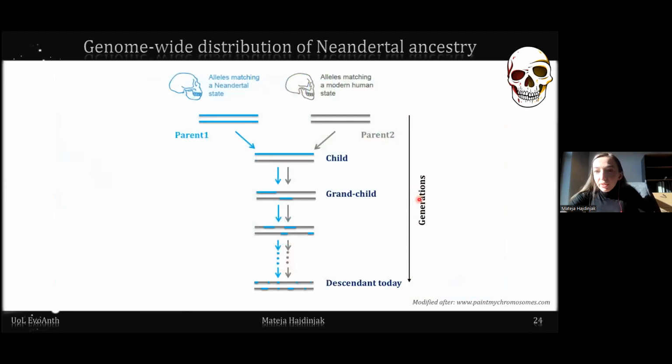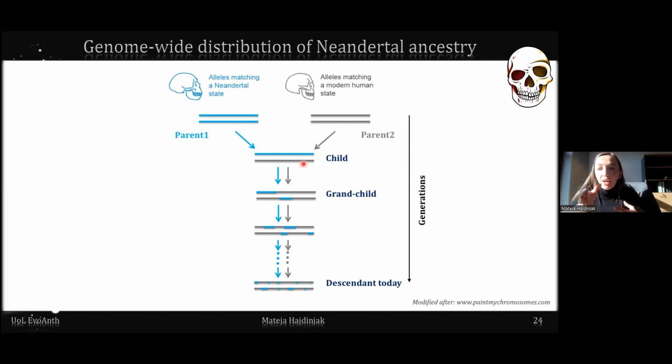But as I said before, what we were particularly interested in was the interactions between Neanderthals and modern humans. And just for illustration purposes, if you imagine that one of your parents is a Neanderthal, which is illustrated here in blue, and the other parent is a modern human, then an offspring of these two parents will have half of his genome coming from a Neanderthal and the other half coming from a modern human.